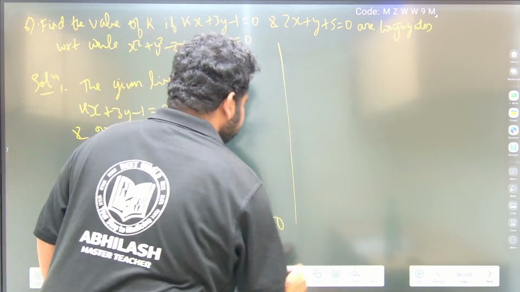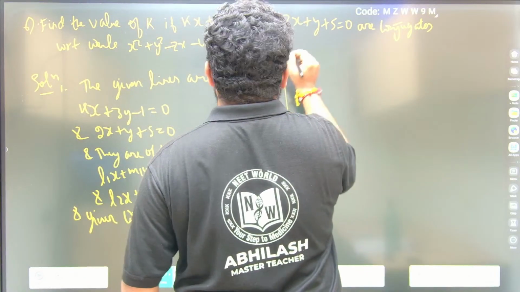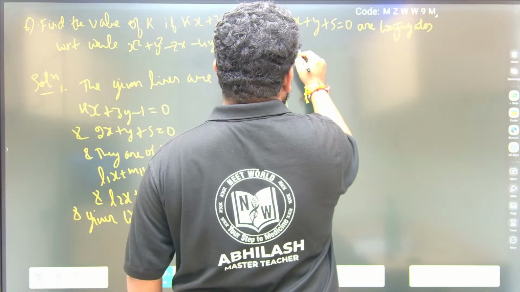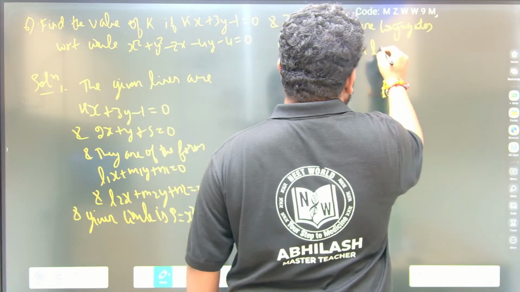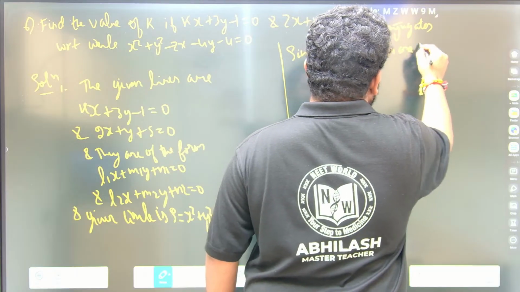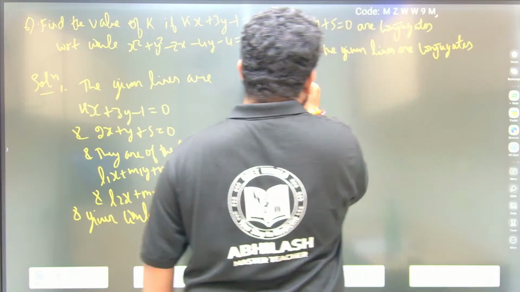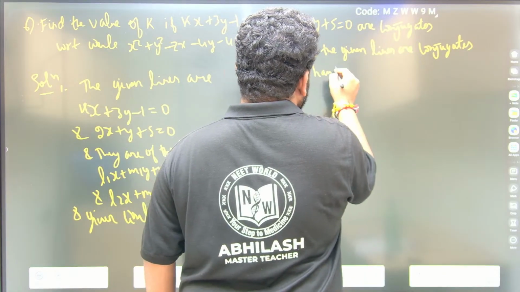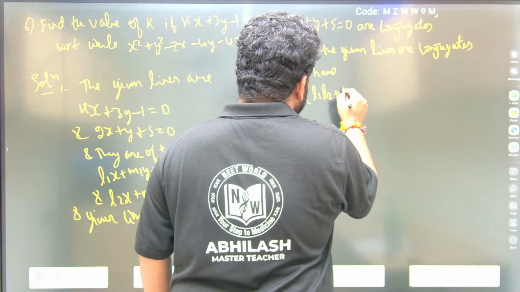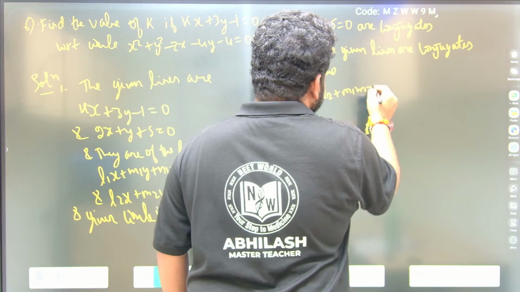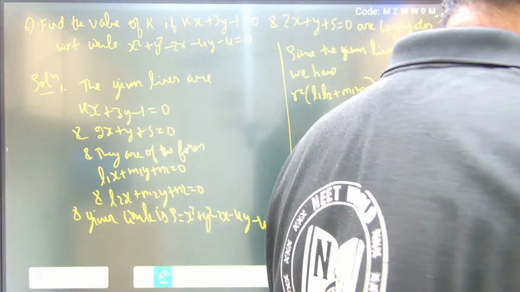Now here, the lines are conjugate, find the value of k. So since the given lines are conjugates, we have the condition: r² (L1L2 + M1M2) will be equal to what, friends?